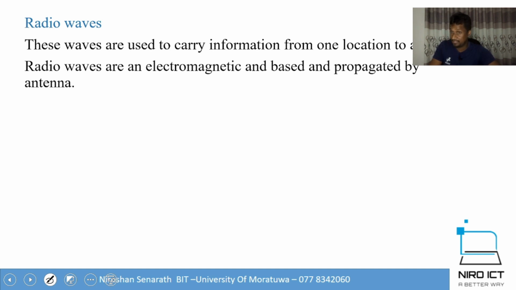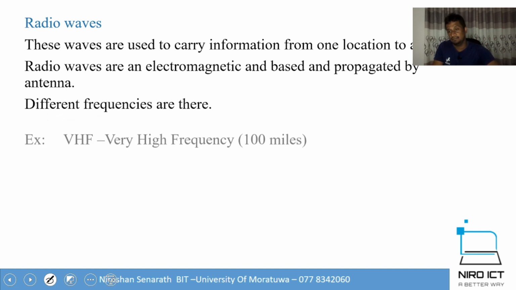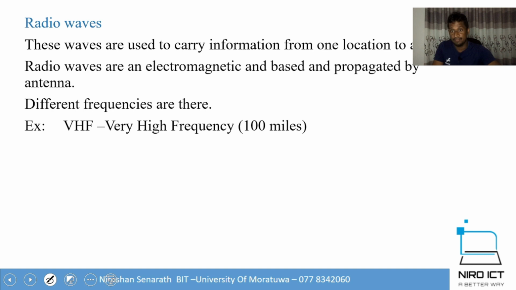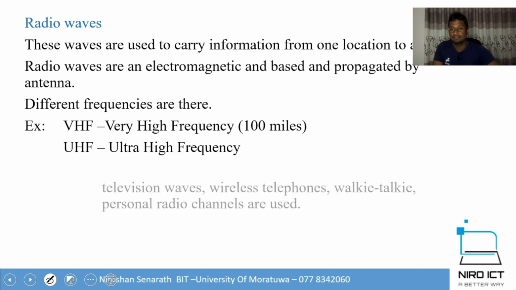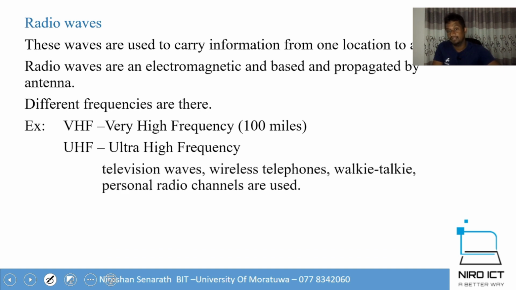If you want to capture radio waves, we have to use some type of antenna. That is so simple. Different frequencies are there. There are two types mainly, VHF, very high frequency, and the second one, UHF, ultra high frequency. These are examples: television waves or radio waves, wireless telephones, walkie-talkies, personal radio channels.